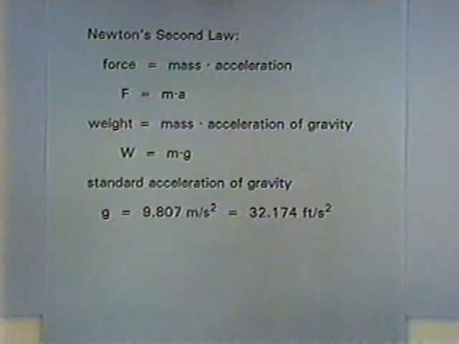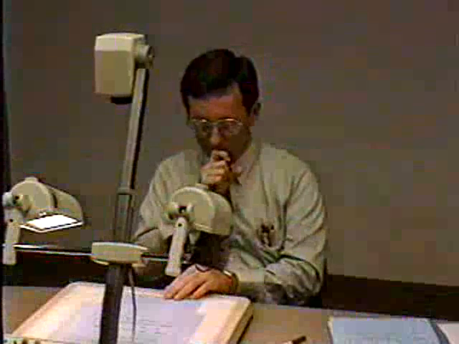And so the difference between weight and mass, and in a few minutes the difference between unit weight and density of a fluid, is that the weight is the mass times acceleration of gravity, where the acceleration of gravity given here is 9.807 meters per second squared, or 32.174 feet per second squared.